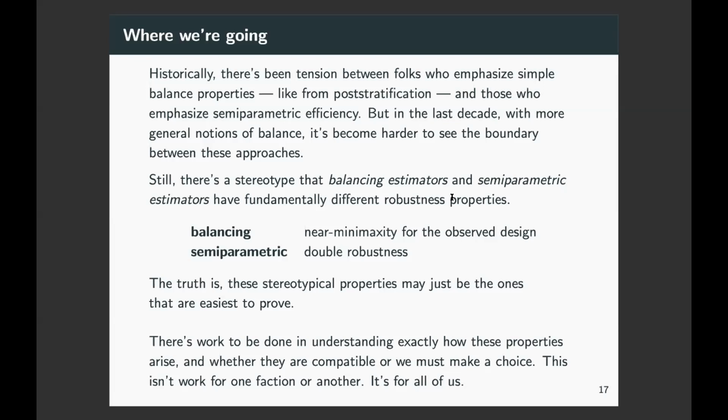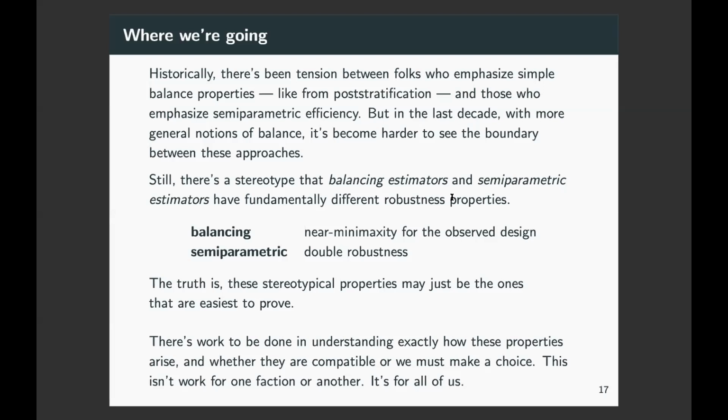And that puts us in an interesting state, because these are both desirable properties. I think the properties people like about balancing estimators and non-balancing estimators are both nice. We sort of know how to make them happen, but we don't know what we have to do to make them happen.